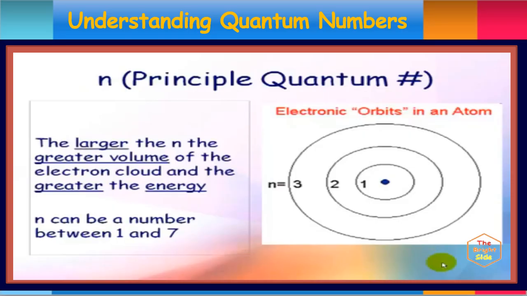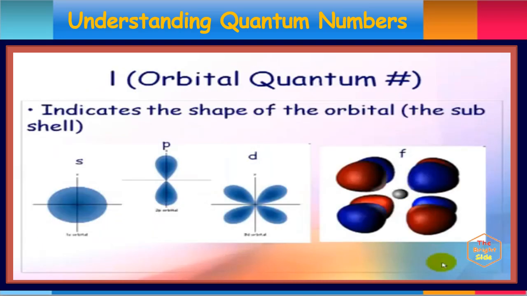We will see that n can be a number anywhere between 1 and 7. The L quantum number, or the orbital quantum number, will indicate the shape. And there are 4 different shapes: S, P, D, and F. And the Bergman-Sams video goes into more detail about the S, P, D, and F orbitals.